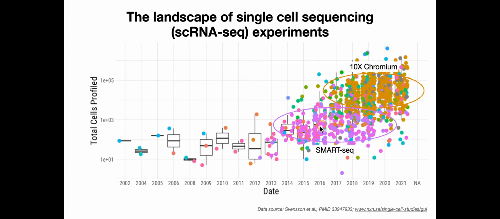And what you can see is in the early, and I use this term as a very relative term, early years of single-cell sequencing being 2015, most of the experiments were carried out using SmartSeq technology. But more recently, in the last 5 to 7 years, there's really been an explosion in the use of 10x Genomics technology for profiling single cells.